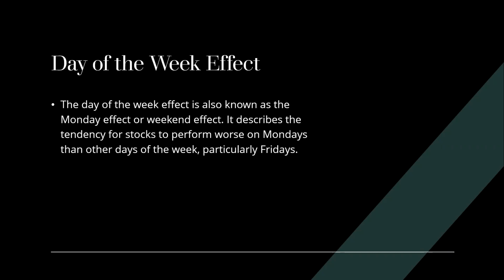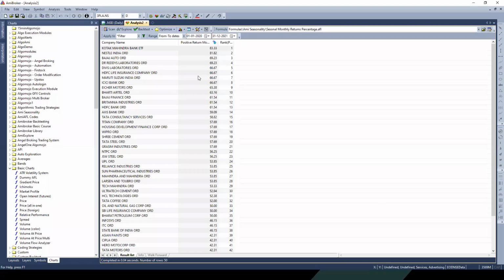We also discussed how to build a seasonal monthly return percentage and how we can clearly table it for that particular month, for the list of all the stocks, and how we can build such a simple logic using Amibroker.